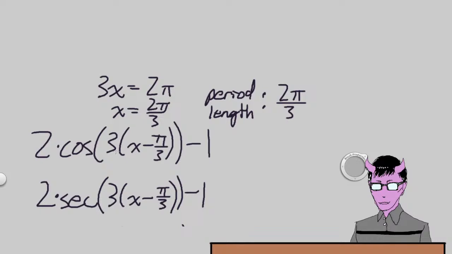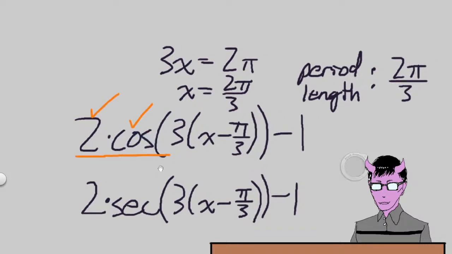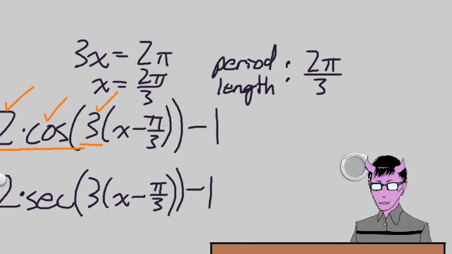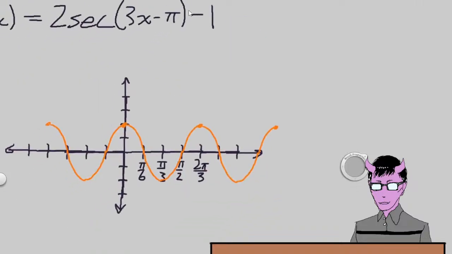Now, what do we have so far? For the cosine proxy, we've acknowledged that it's a cosine. We've done the amplitude. We've done the period change. We just need to do shift 1 and shift 2. So shift 1, we're going to be at plus pi over 3 spaces to the right. Yes. And we're going to keep track of the nodes because the nodes are particularly important, because they give us the vertical asymptotes for the secant.